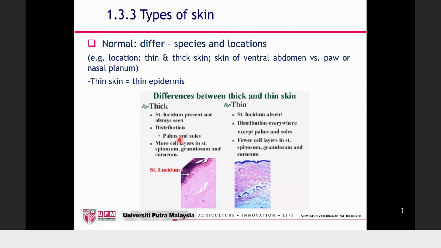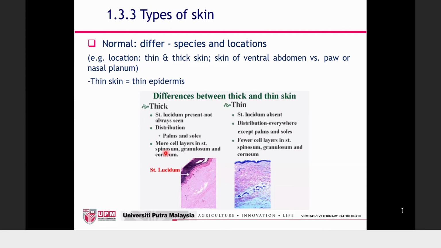Can you feel your palm? Your plantar and palmar parts of your hand are different, right? Even your foot, the sole is thicker, because you need more layers of skin.